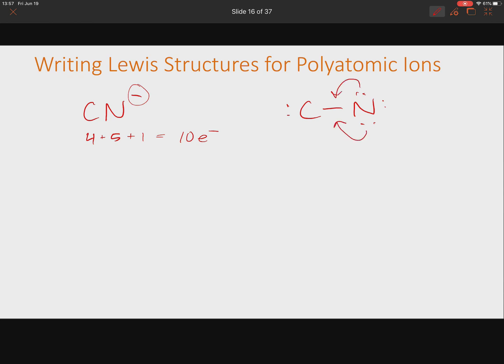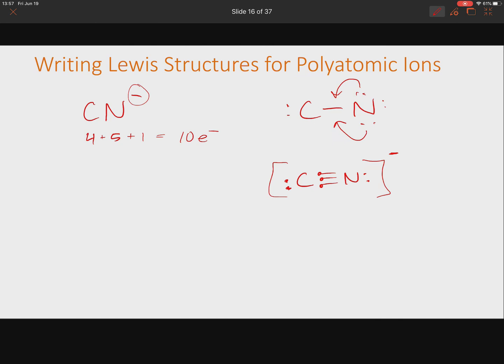So if we try this, then we do end up with everybody having 8. Now, I mentioned carbon doesn't normally want to have this type of form. What you would do is look at how many electrons carbon actually has that belong to carbon, and then compare that to the number it wants to have.